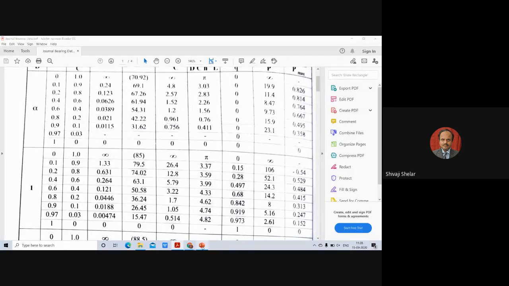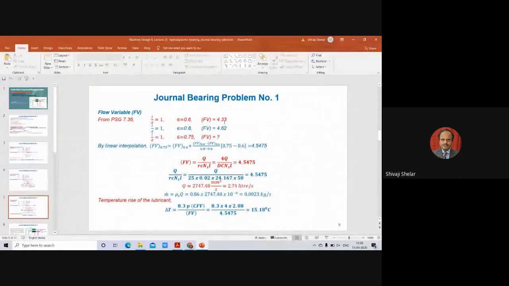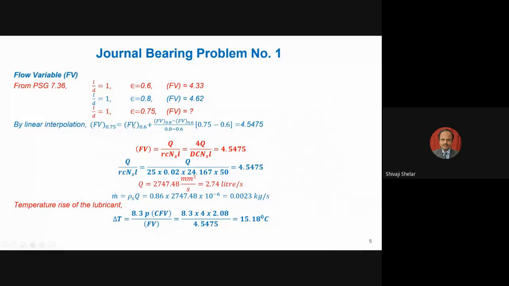If we come back to the calculation again, you can see this calculation here. For the flow variable, the starting base value is 0.6, and we are calculating at 0.75. So we are using this base value in the calculation here.